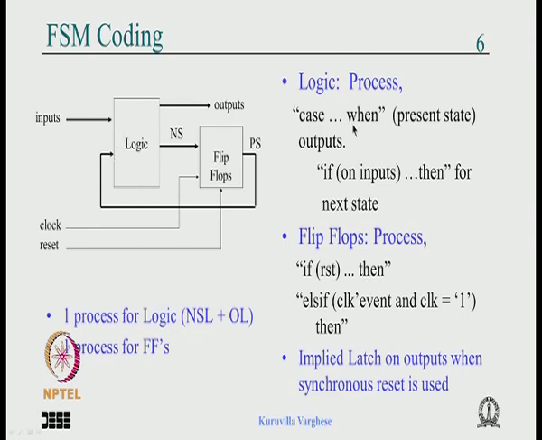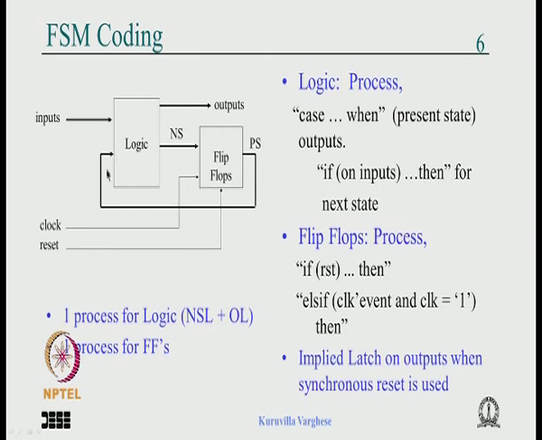You specify the output if it is Moore output straight away, and if Mealy then you can write an if-then kind of structure, and for the transition under each state, for each when statement of the case, you can specify the various transitions using the if.